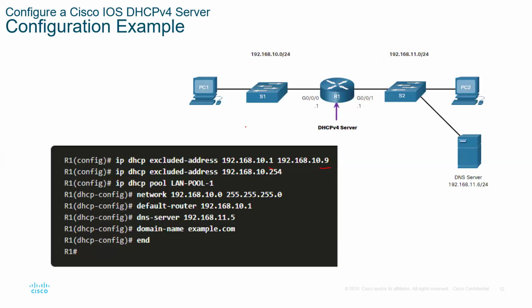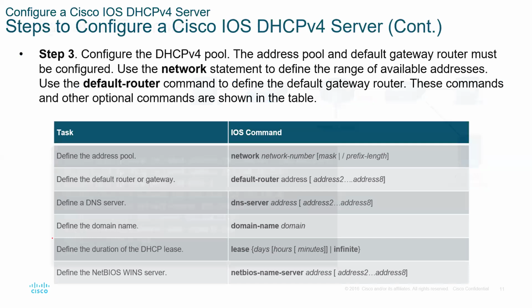So this is the low address, this is the high address. If you want to exclude a range of IP addresses, you can see with this second command, you can also exclude just one address. So it's not only a range of IP addresses that you can exclude, you can as well exclude just one address. So that's it for addresses excluded.